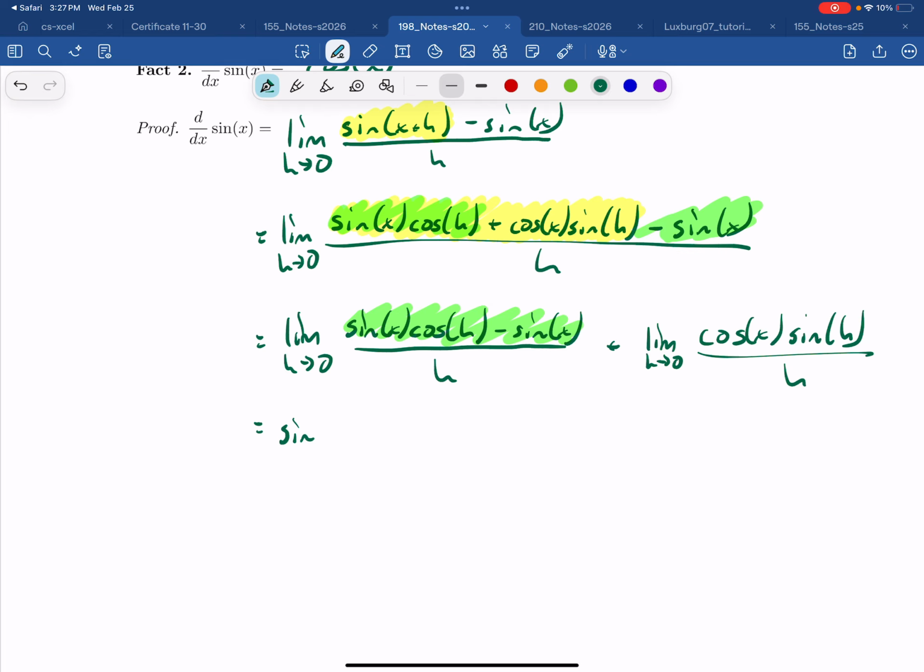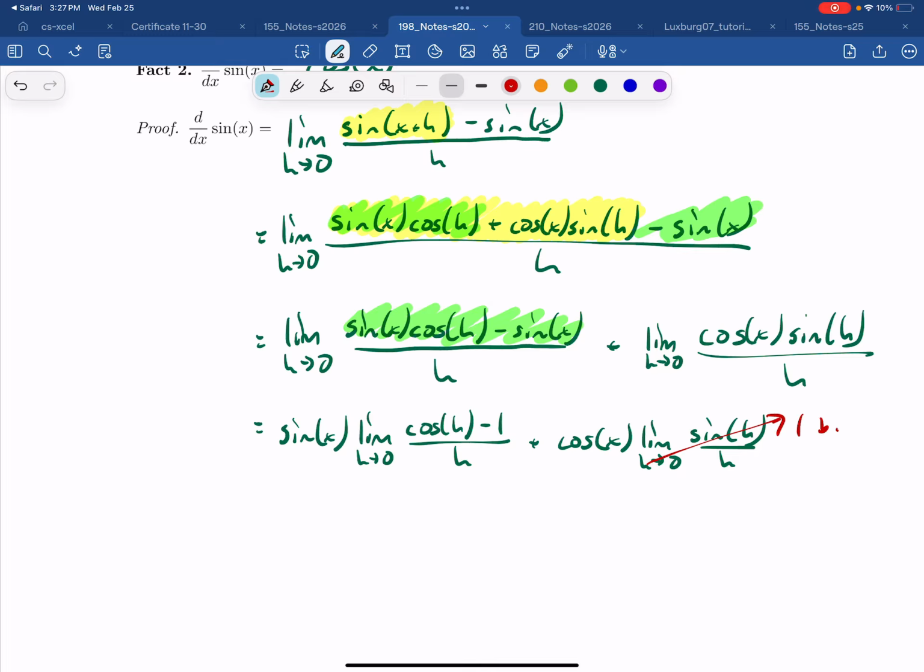So this is sine of x times the limit as h approaches 0 of cosine of h minus 1 all over h, plus, we can factor out that cosine of x, and we have the limit as h approaches 0 of sine of h over h, which we just showed was 1 by fact 1. So here's our answer of cosine of x. We just need to show that this limit equals 0. Now, how are we going to do that? Well, I'm going to use a little bit of trickery.